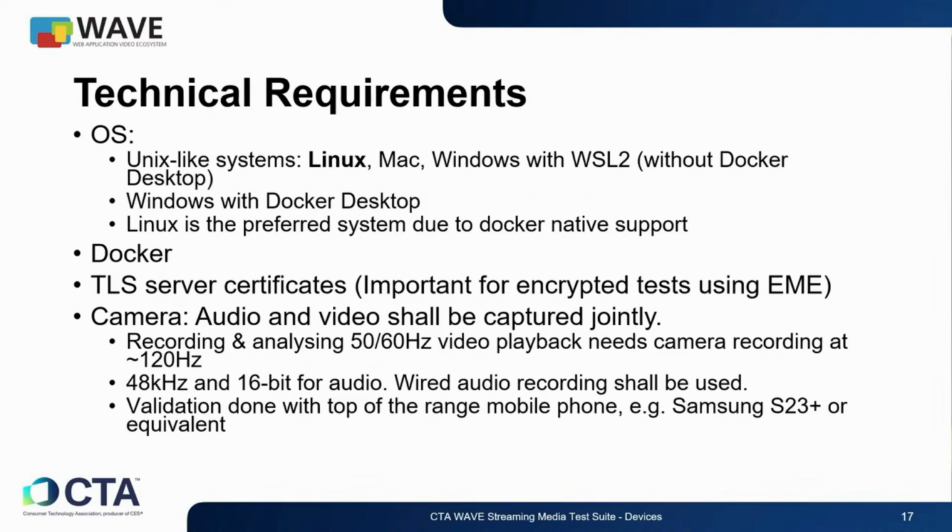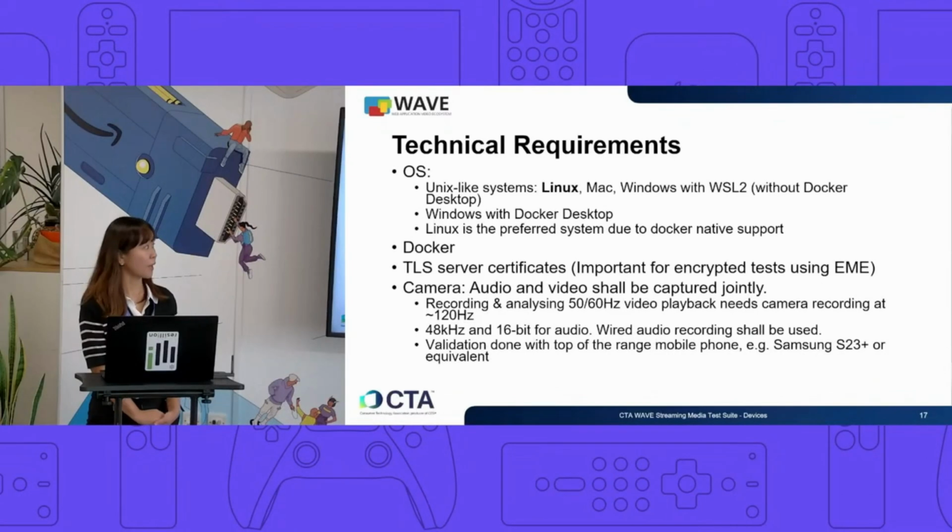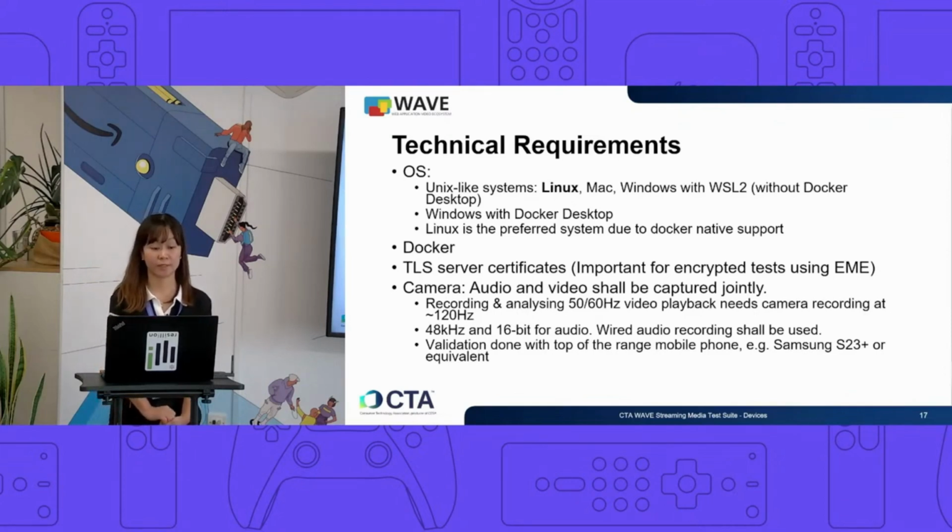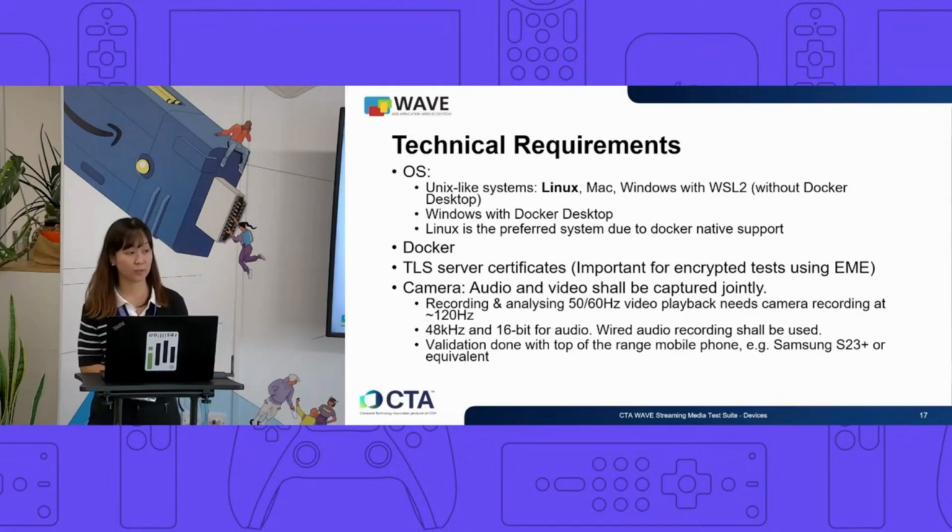The CTA web streaming test suite is compatible with different platforms such as Linux, Mac, and Windows. However, we do suggest using Linux just because of its native Docker support, which helps people to easily and quickly install the entire test suite. Please also ensure that TLS server certificates are obtained, as this is essential for EME encrypted testing, which requires HTTPS.